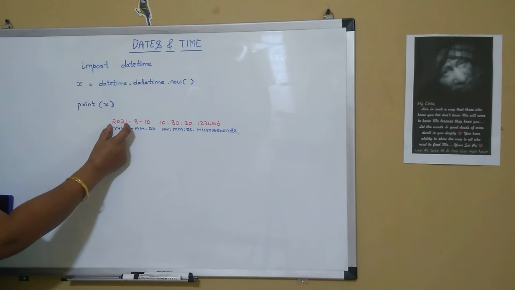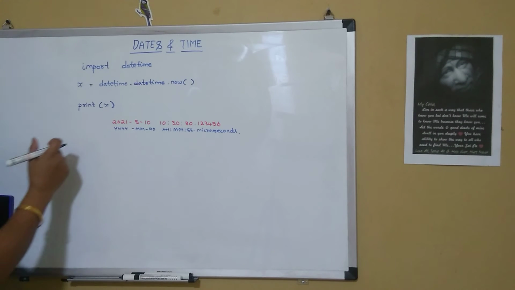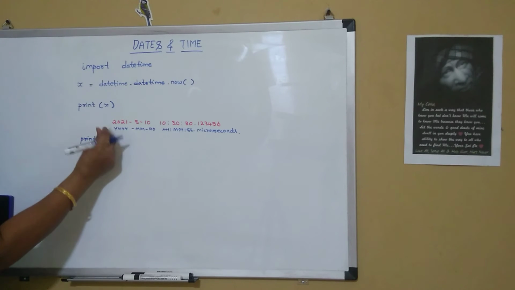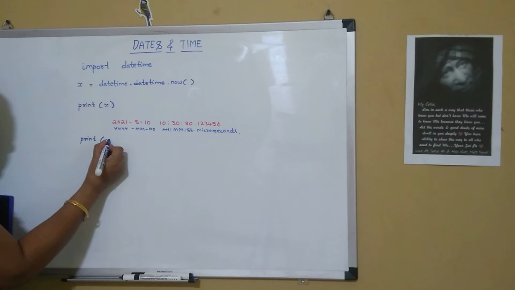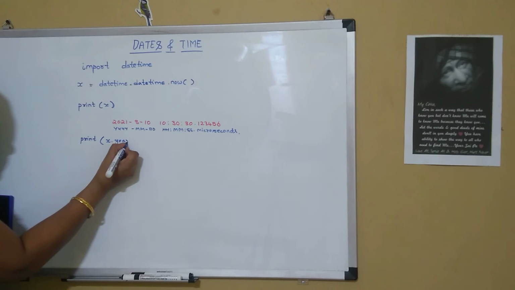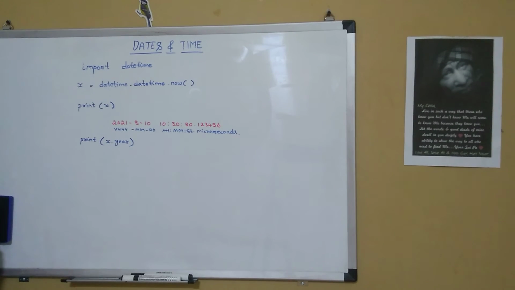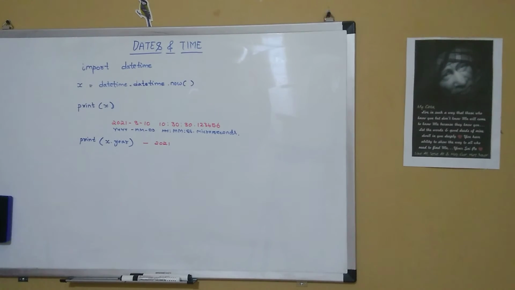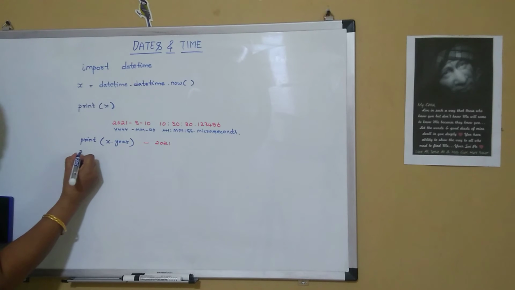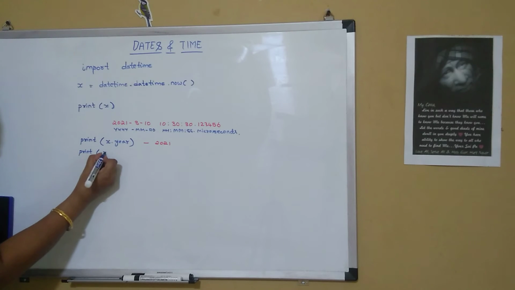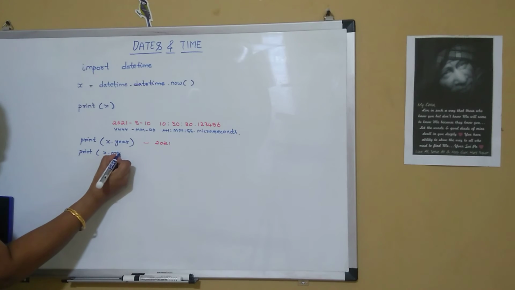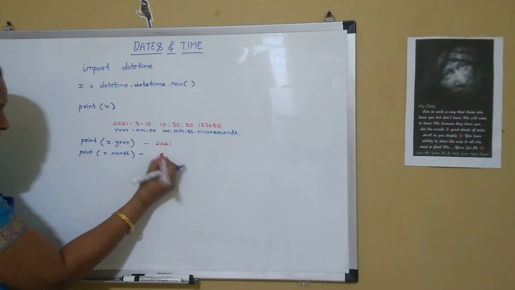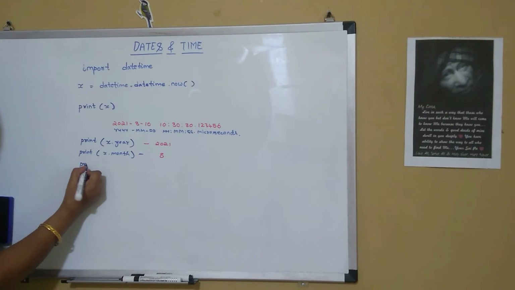Now I want to retrieve only the year. x has this whole value, and if within that x I want only the year, I give print x.year and I get 2021. If I say print x.month, it gives the month, that is 8.